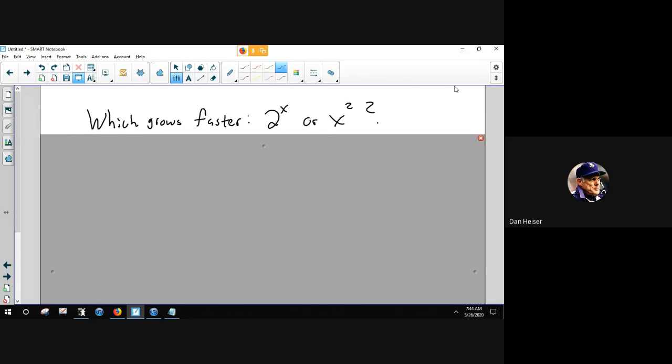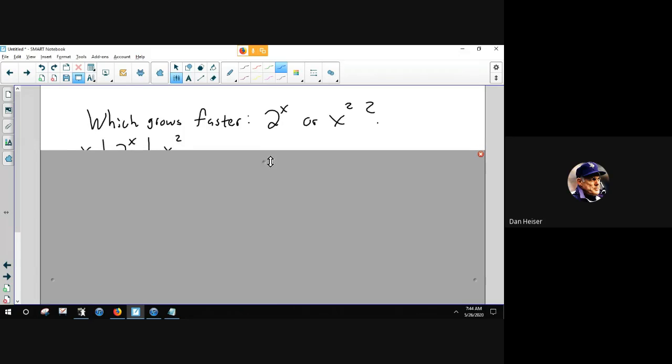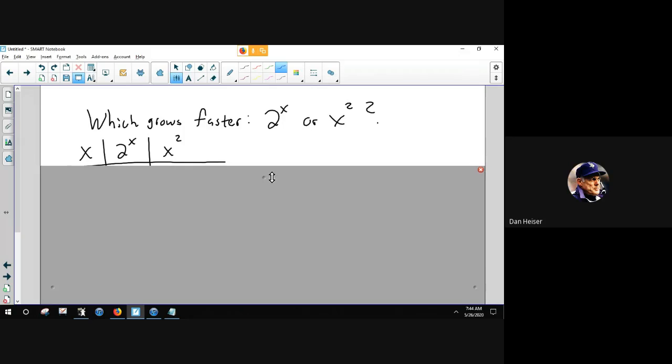Now, one of the questions is what grows faster? What increases faster, an exponential or a power function? I'm going to start with a little table. I'm just going to start plugging in values of x, and we'll see what the winner is.